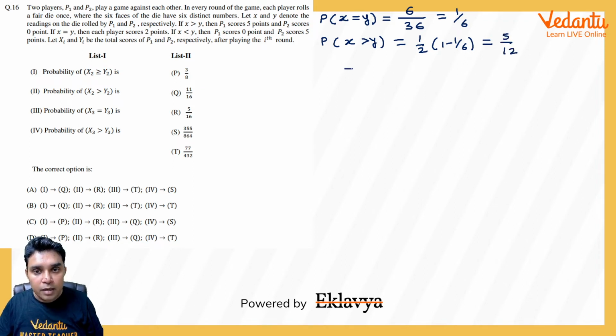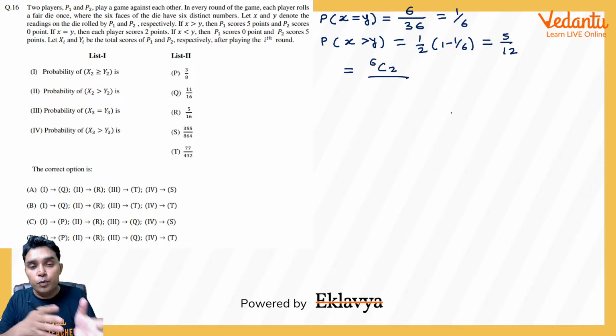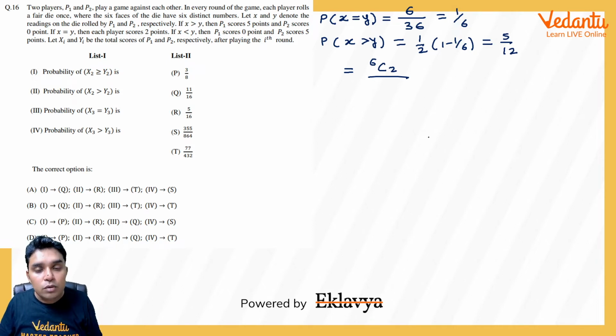It could have been done another way also: there will be 6C2 ways of getting X greater than Y, because both should get different outcomes. So 6C2 upon 36, and you can check, this will also give us the same result. 15 upon 36 comes out to be 5 upon 12.